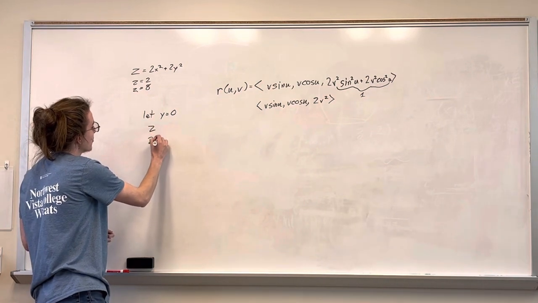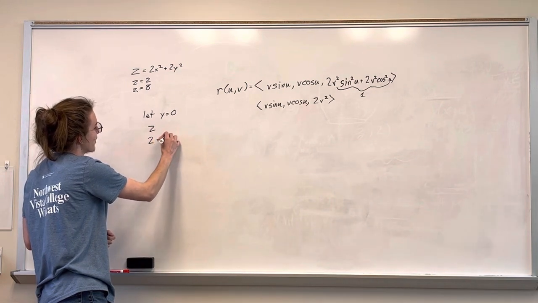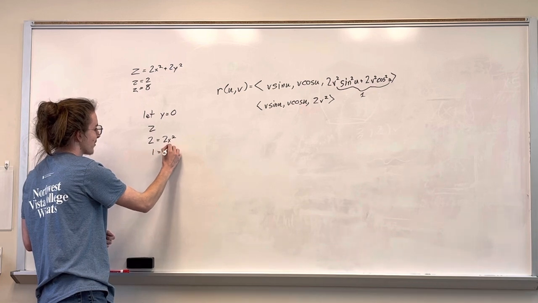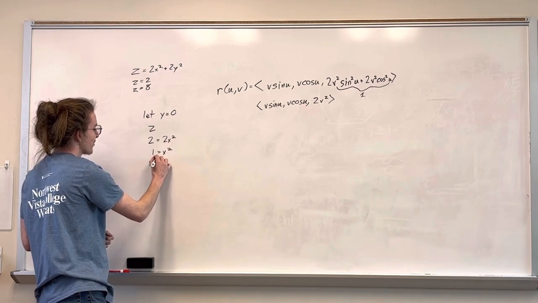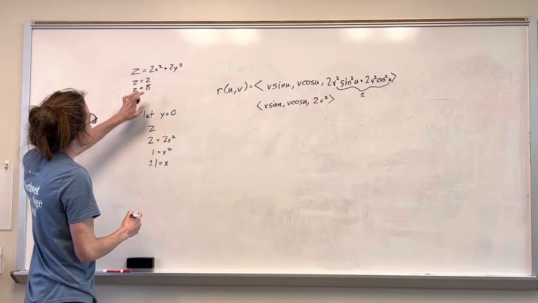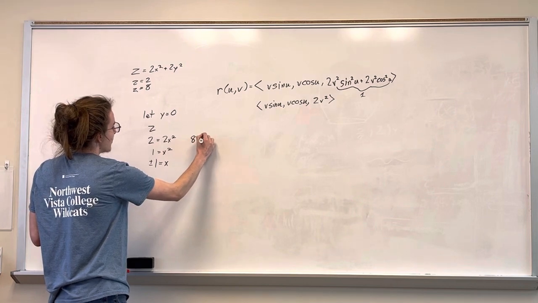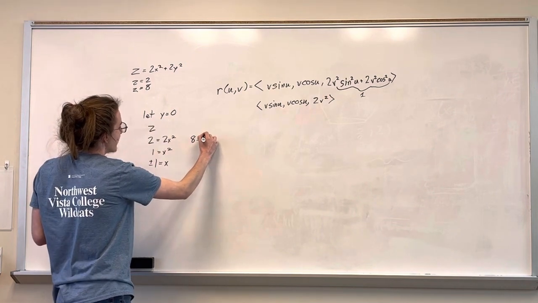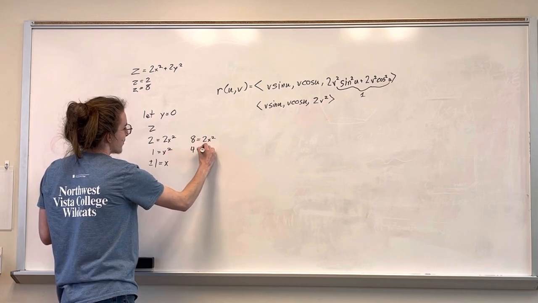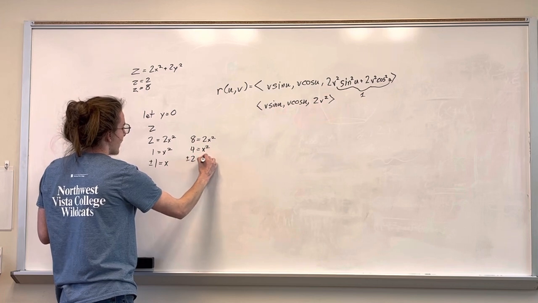Where z equals 2, 2 equals 2x squared, 1 equals x squared, so plus or minus 1 equals x. And for z equals 8, 8 equals 2x squared, 4 equals x squared, so plus or minus 2.